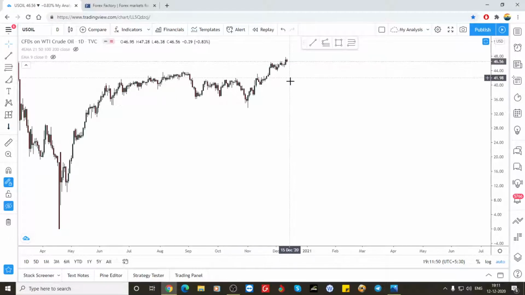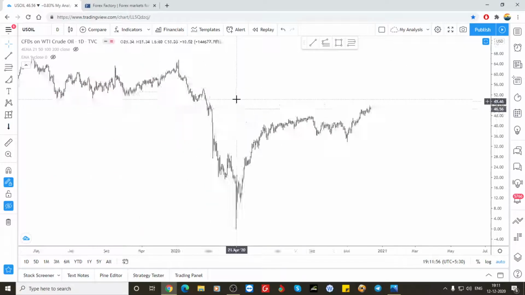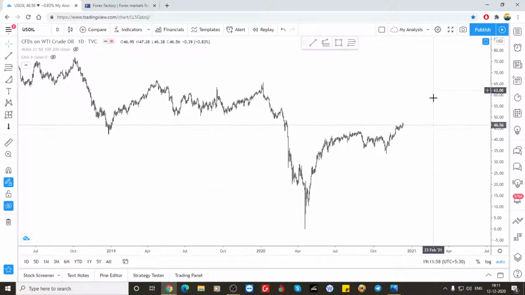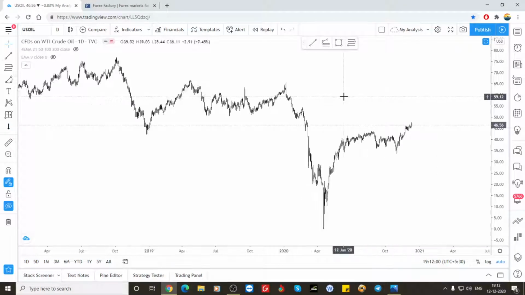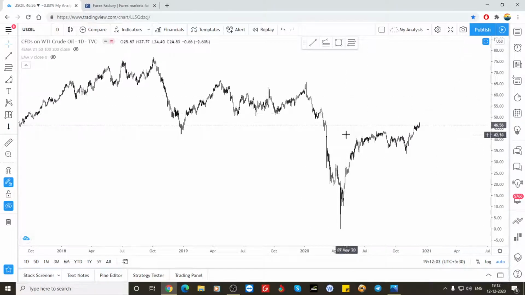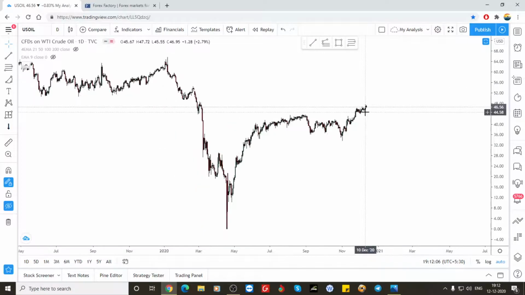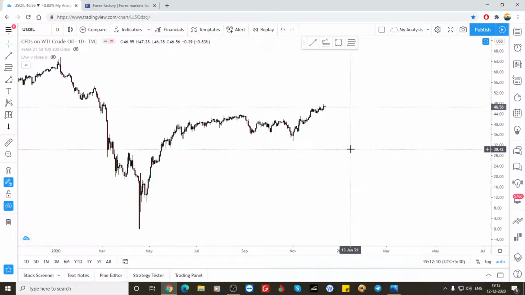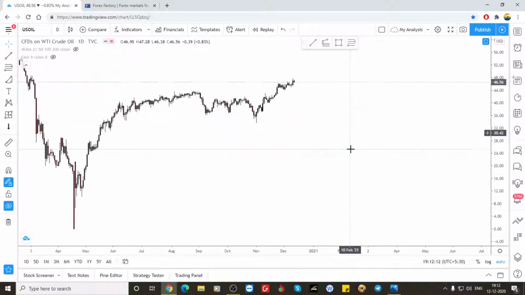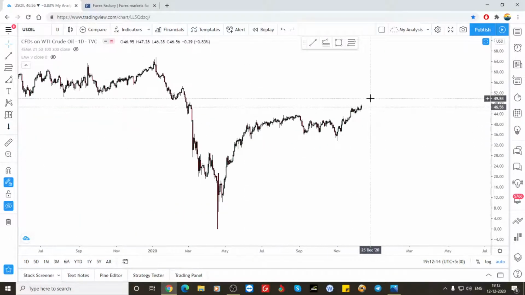That one is invalid now because it's already broken. In the case of an expanded flat, it can break this. Otherwise, there is still a lot of room to the upper side. 60 is my target, so that is why I'm not going to short this. But how USDCAD and oil will correlate, I'm not able to say, because they're not correlating nowadays.